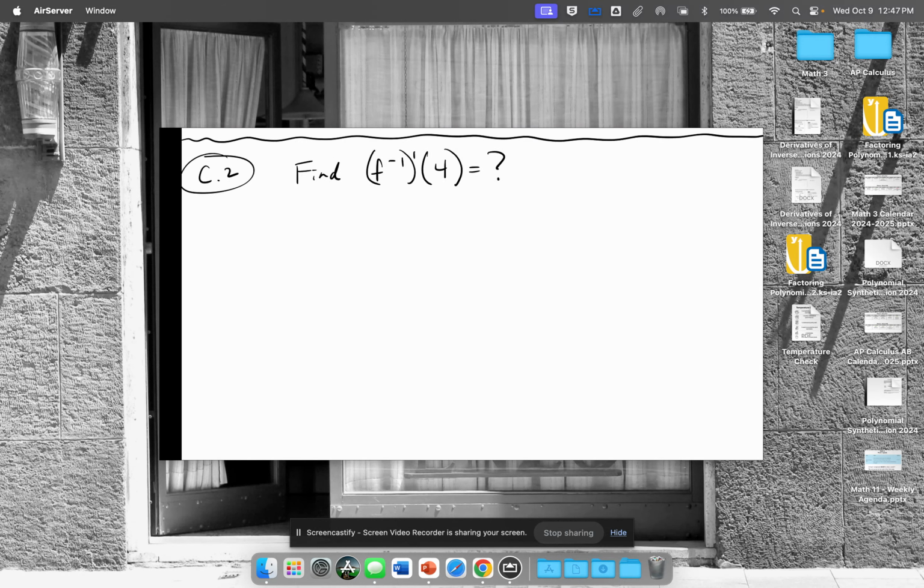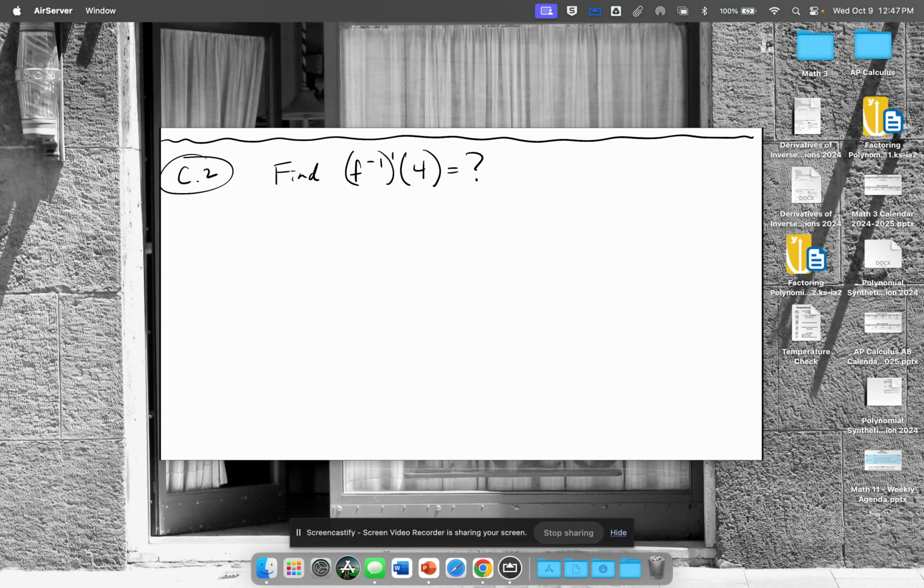Okay, so here's the table. There you go.